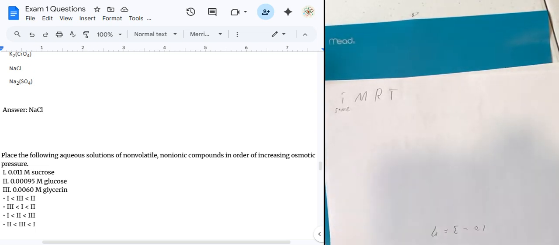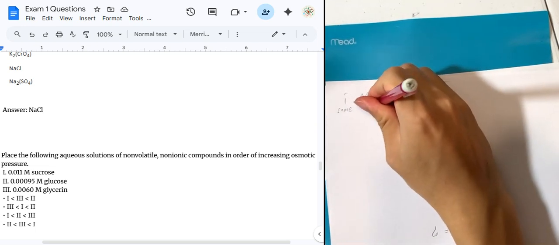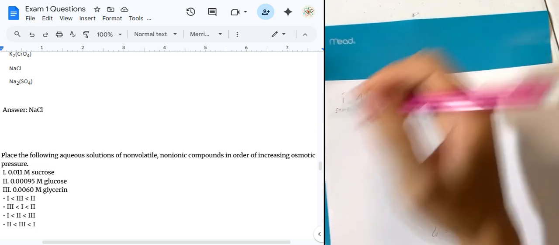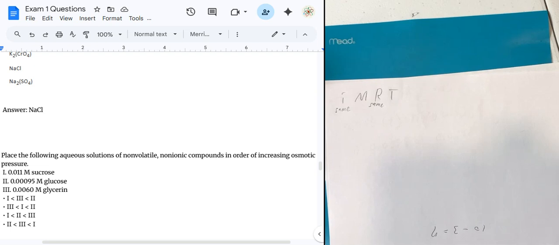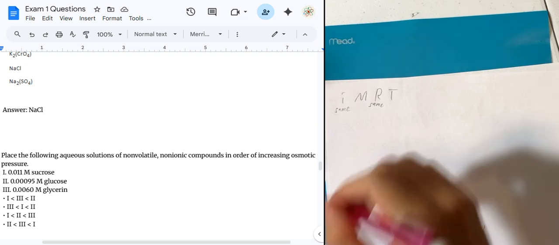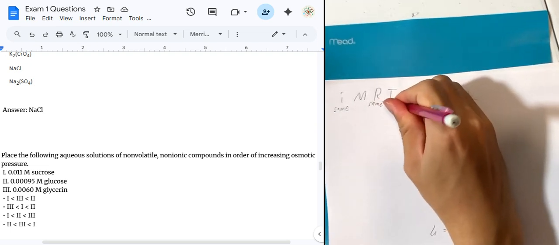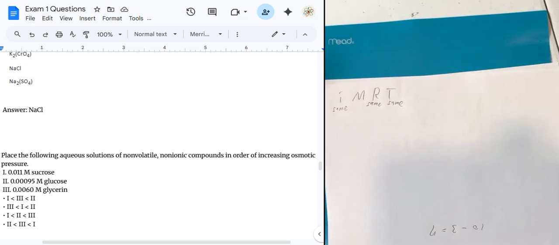The R is just a value, the R value. It's a constant, so it's also the same. We would use the same R value when we calculate osmotic pressure. And temperature, it doesn't tell us that it's different, but we can assume it's the same.